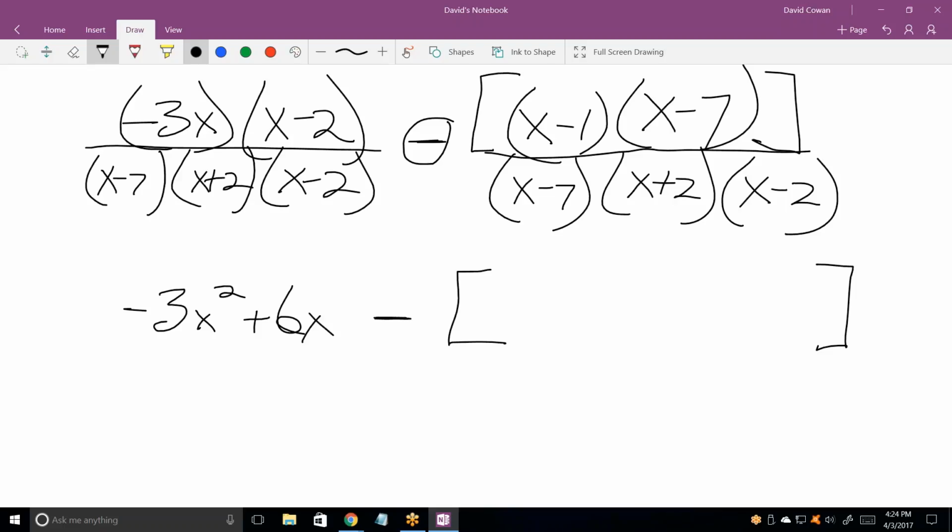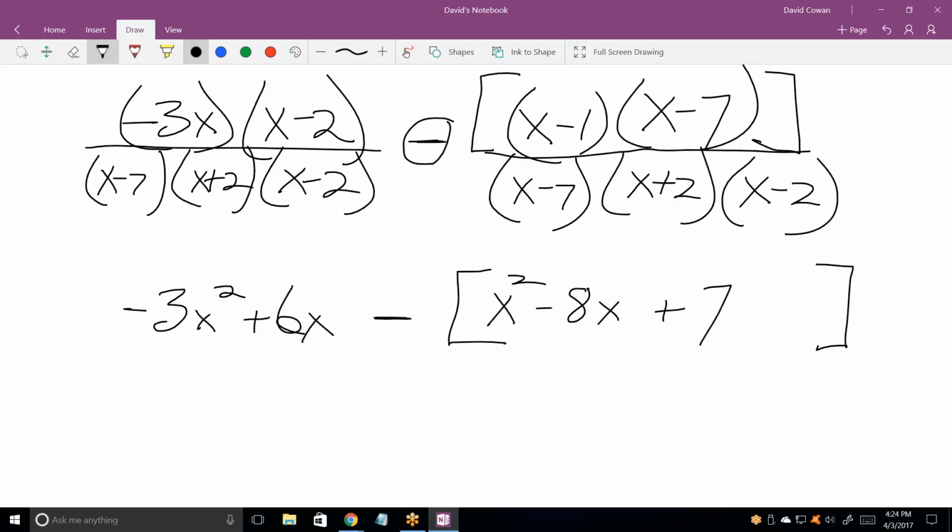So what's x minus 1 times x minus 7? FOIL it. The whole thing is x squared and then minus 7x. Keep going. And then minus 1x, so minus 8x. And what's the last term? And then plus 7.